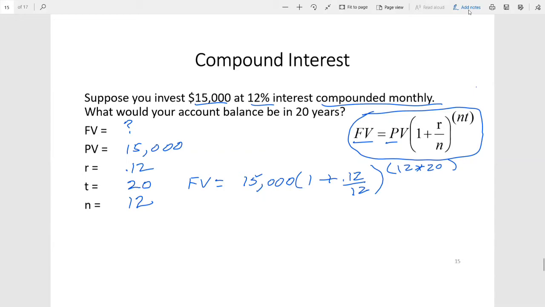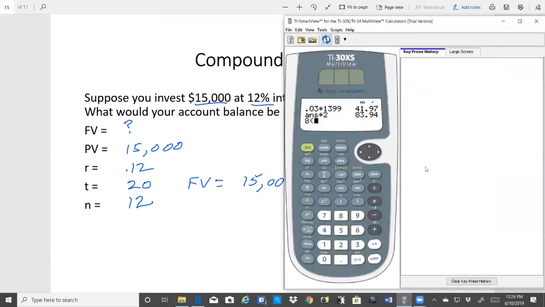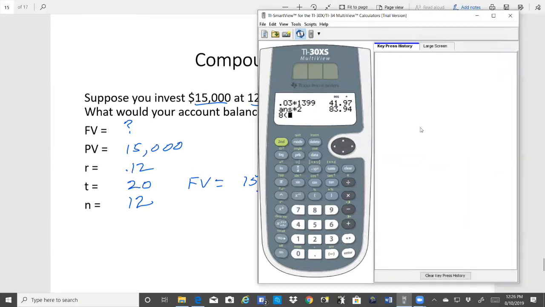Now, this can be done on your calculator, and I suggest that you use a TI-30XS MultiView calculator.